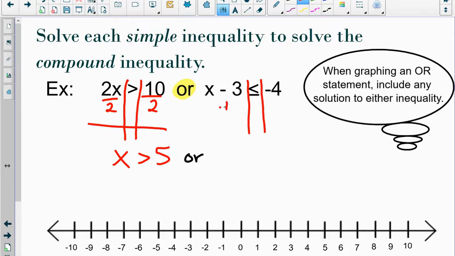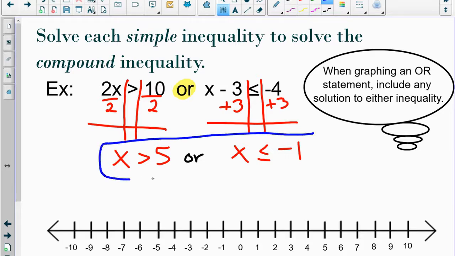To get x by itself, I add 3 on both sides. That undoes the minus 3 and leaves me with x is less than or equal to negative 1. The whole thing put together makes up the solution. That's not two solutions, that's one solution, a compound inequality.